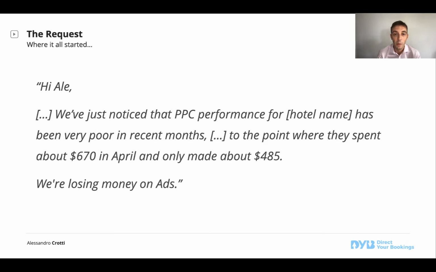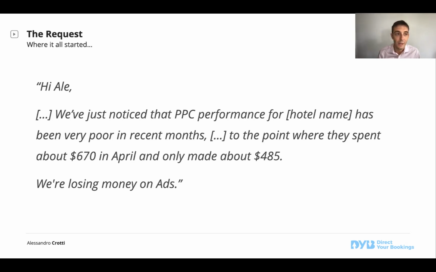We just noticed that PPC performance for the hotel has been very poor in recent months, to the point where they spent about $670 in April and only made $485 in revenue. So essentially, we are losing money on ads. The $670 is the ad spend for the whole month of April 2021, and apparently the revenue generated from those ads was even less than the amount spent.